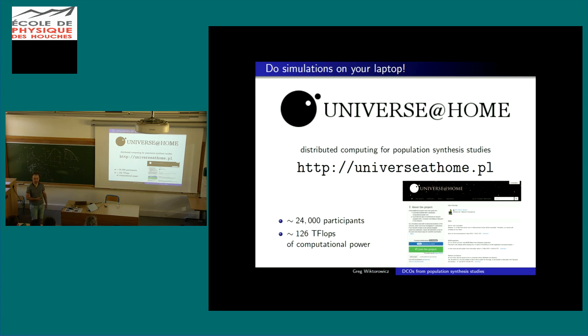But this method worked for us, and as Chris said yesterday or the day before, we were able to compute more than 10,000 models for our computations, which give us a very interesting insight into the importance of parameters for the study of compact object mergers.